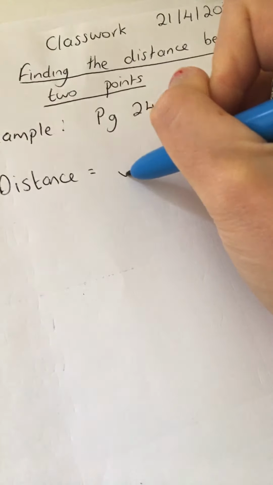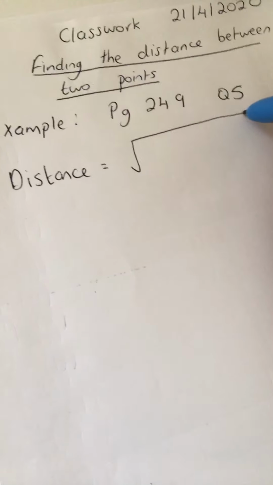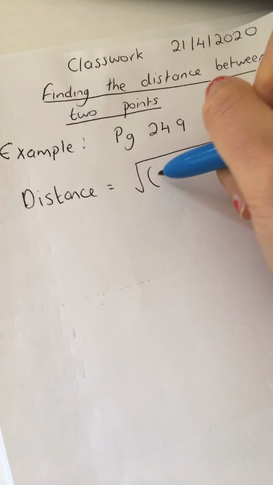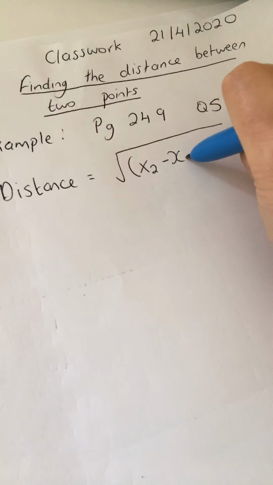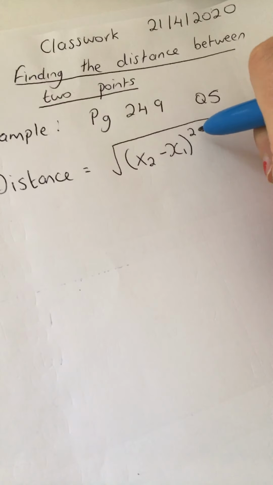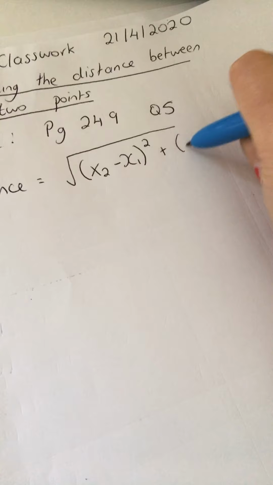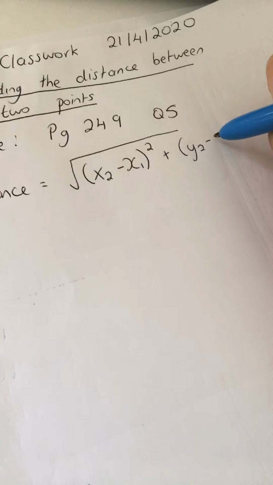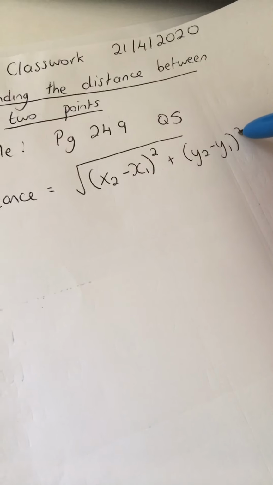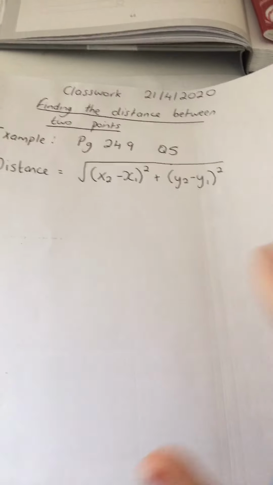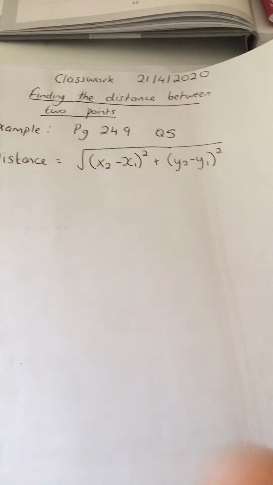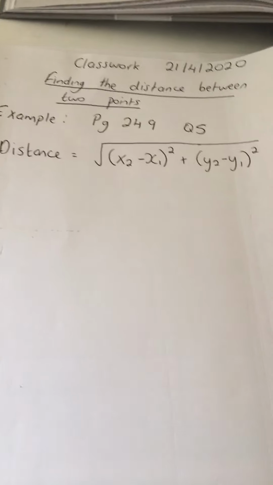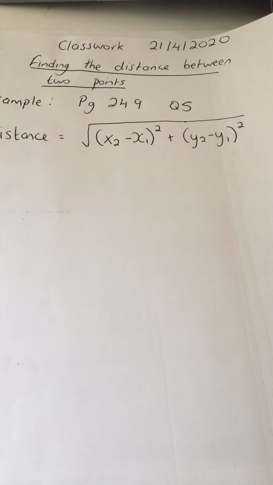You have this big square root, and then a bracket, and it says x2 minus x1 squared plus y2 minus y1 squared. You do not need to know that off by heart. It's given to you in the exam, but believe me, you'll have used it so often, you probably will end up knowing it off by heart.